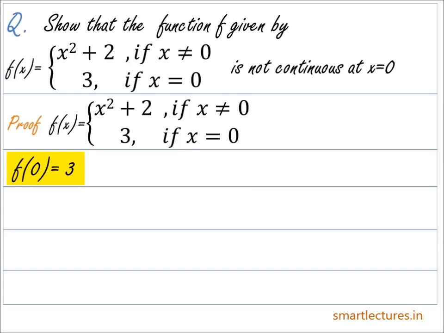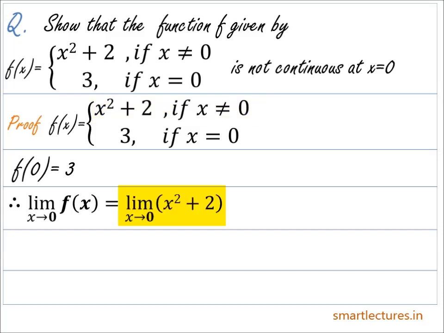And now let's find the limit of this function at 0. Now limit of f of x when x approaches 0 is equal to, now the value of the function f of x when x is not equal to 0 is x square plus 2. So in place of f of x we can write x square plus 2. So the limit becomes limit x approaches 0 of x square plus 2.